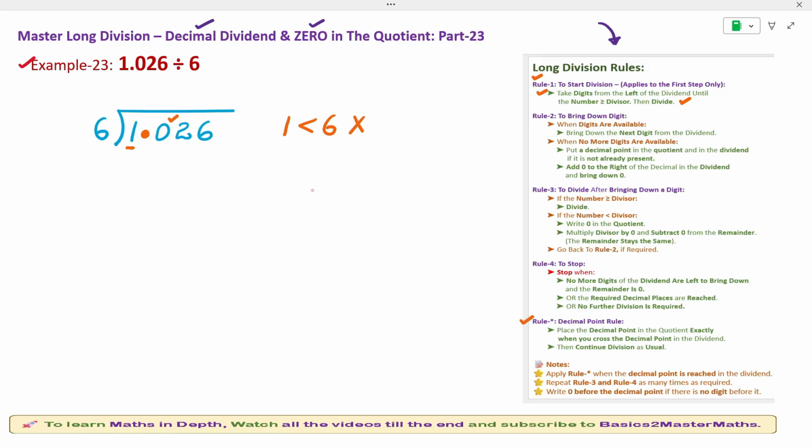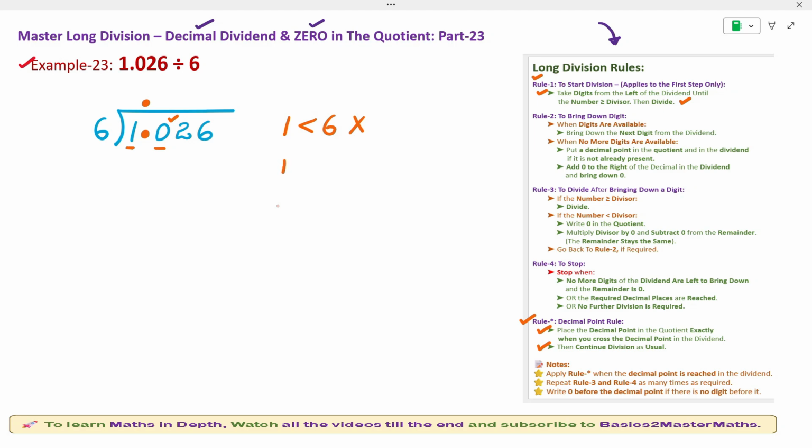So, apply decimal point rule. Place the decimal point in the quotient and continue the division as usual. Now, consider the next digit 0 also.